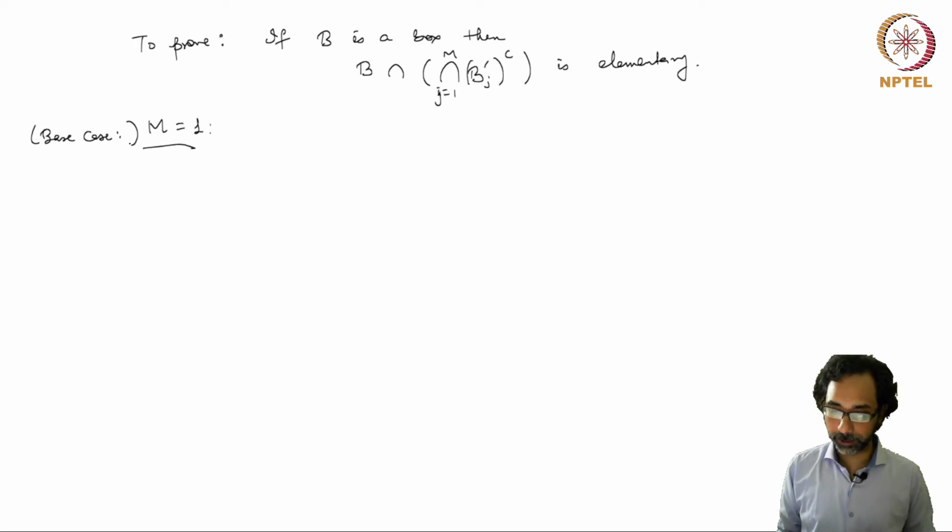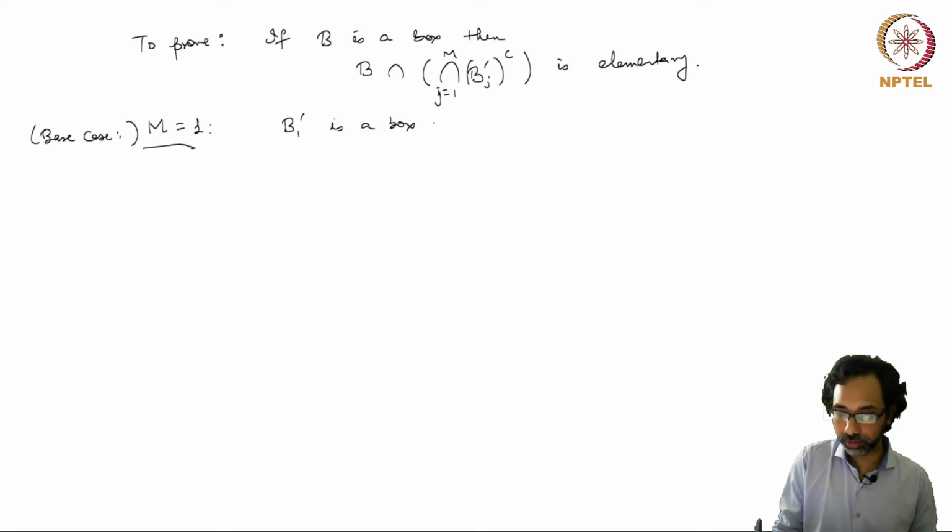So to show that for m equal to 1, suppose that we take B1 prime a box.